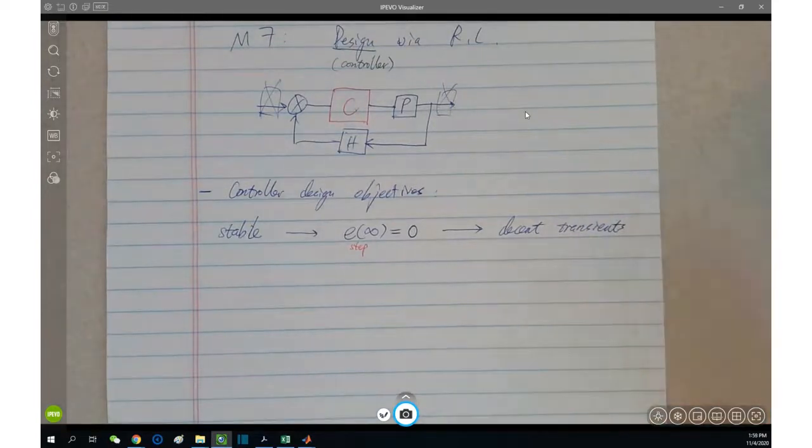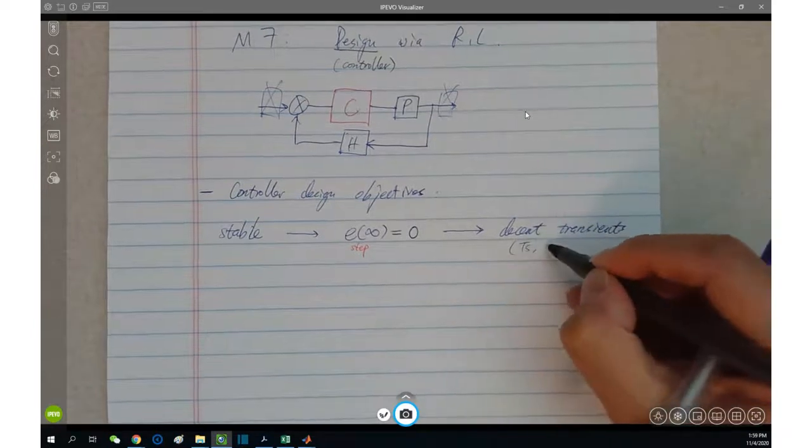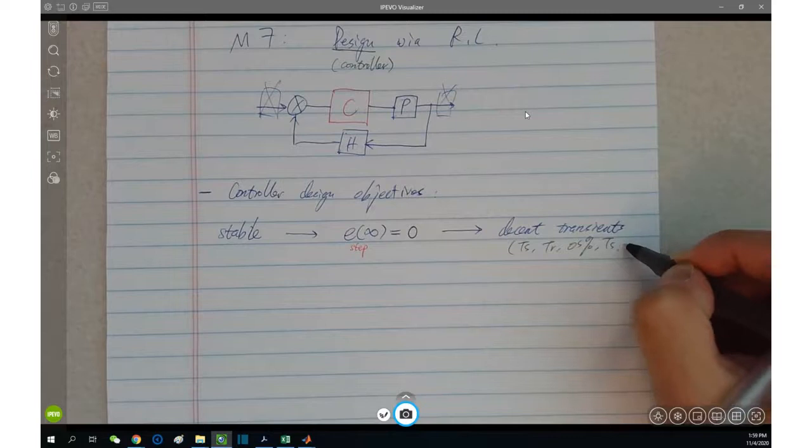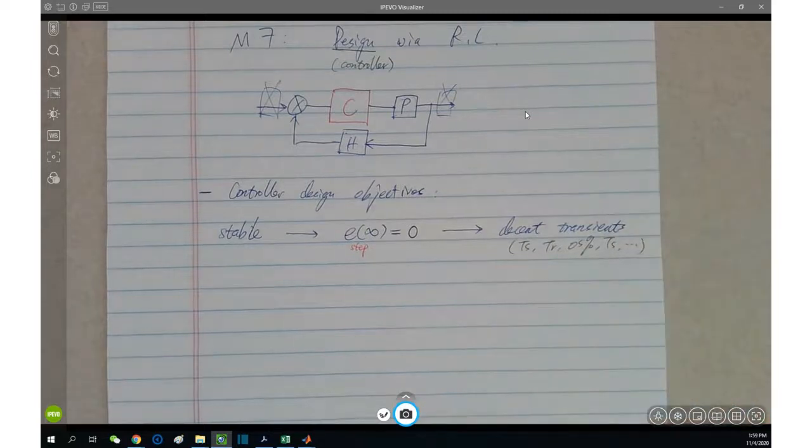And here, of course, including a bunch of specifications we're trying to improve. So that is the controller design objective. There's nothing else we do, at least not in this course.